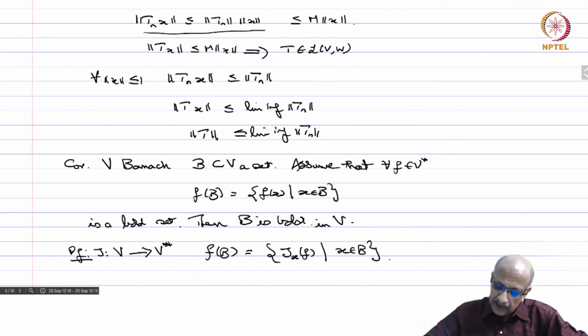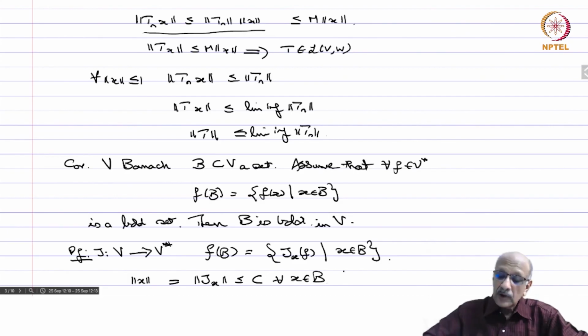So by the uniform boundedness principle, norm Jx is less than or equal to C for all x in B. But J is an isometry and this is just norm x. So norm x is less than or equal to C for all x in B, and therefore it is bounded.